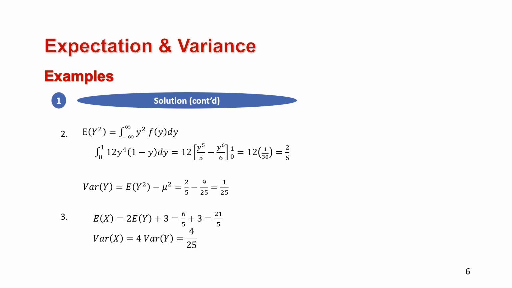Let's multiply this function, 2y plus 3 squared, times the PDF 12 times y squared times 1 minus y dy. It seems to be complicated, but I assume that you will use the first method, because it's simple, okay? But if anyone uses the second method, it's okay. We have no problem.